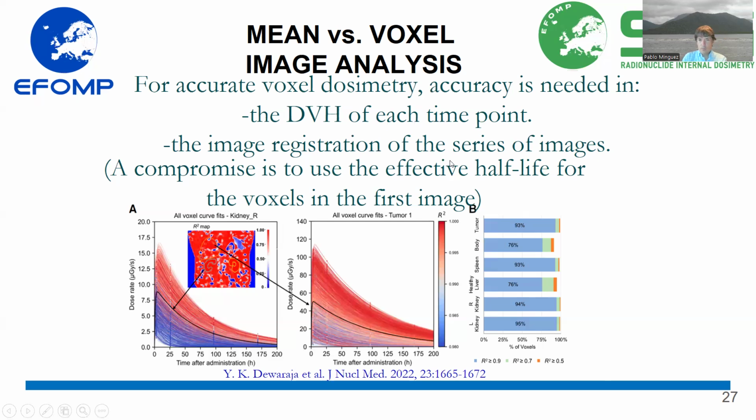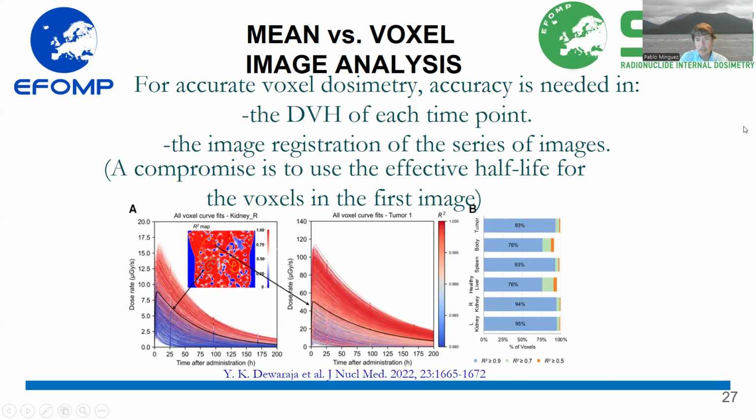So a compromise could be to use the mean effective half-life of all the volume for all the voxels in the first image, and that way we will obtain those volume histograms, but not with the effective half-lives of all the voxels. In this example, they obtain very nice curves for all the voxels with positive effective half-lives.